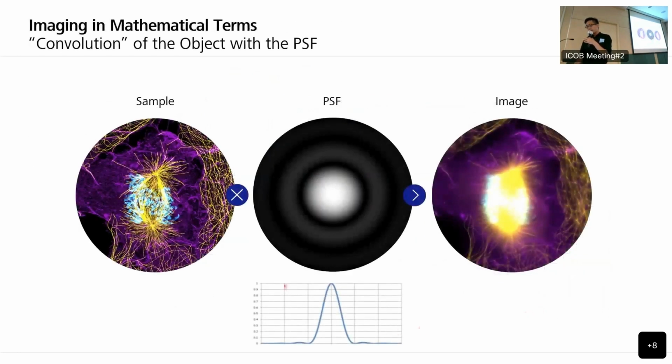Then, based on computer science, if we try to collect the signals from our samples, it is like a convolution with the point spread function we just mentioned on the previous slide. This is why we get blurry images, because the point spread function imposes the diffraction effects onto the clear sample signals.